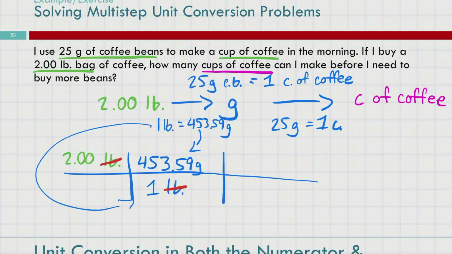And then our second step, we're converting from grams to cups. So the 25 grams goes on the bottom, the 1 cup goes on the top. This gets our grams to cancel. The unit that comes through is cups.